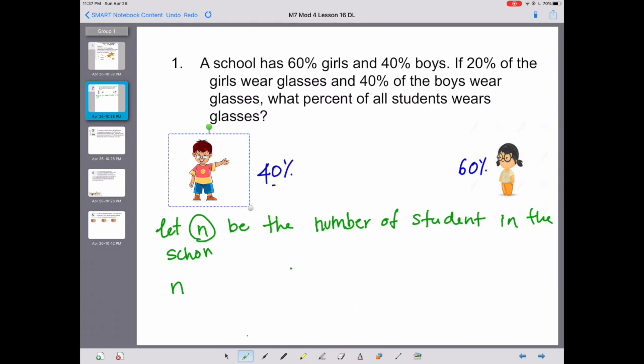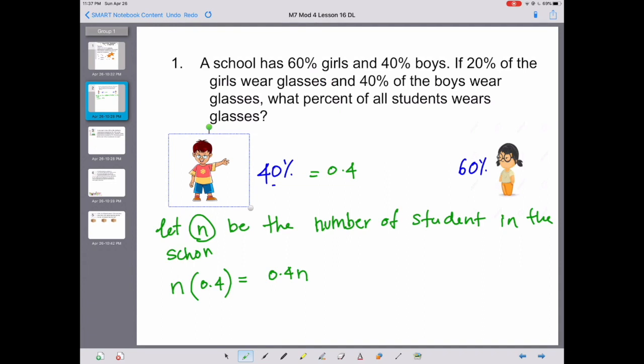I will multiply this by 40%. But we all know we cannot multiply with the percent, so I have to use the decimal version of it, which is equal to 0.4. So I have to multiply this by 0.4, which would give me 0.4 n.